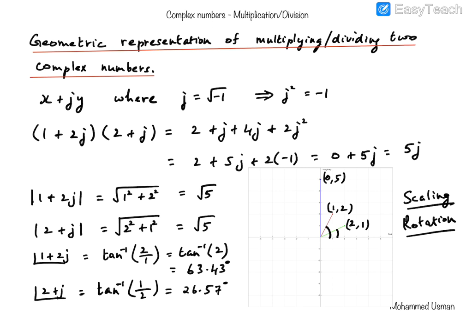The scaling and the rotation depend on the complex number with which it is being multiplied. So these are the two effects that happen as a result of multiplying a complex number with another complex number. Now let us elaborate this further by having a larger representation of this diagram so we can work out things more clearly.